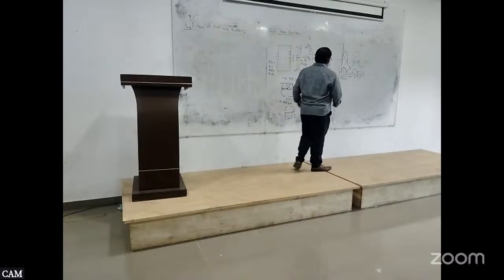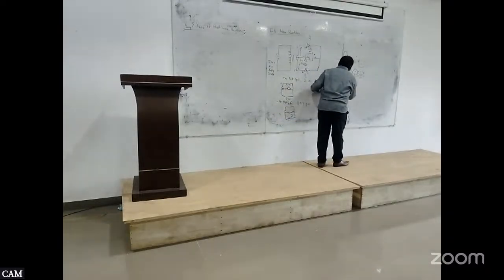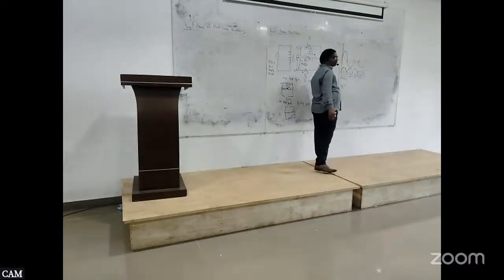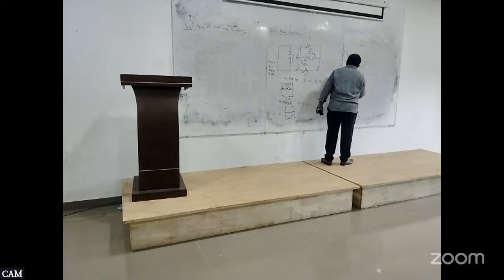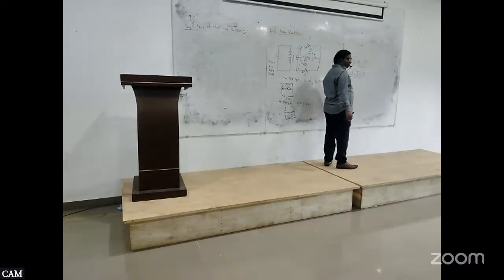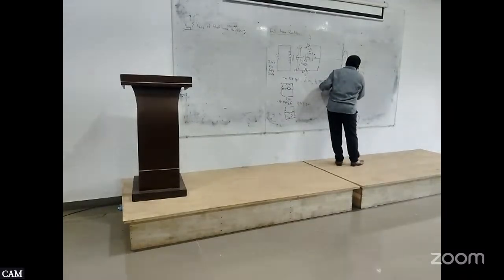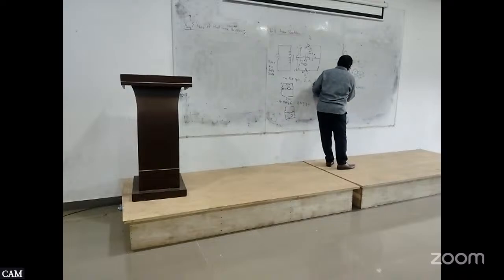Now we'll find out V average for the full wave rectifier. V average is nothing but 1 by the time period, pi, integral 0 to pi Vm sin omega t d omega t.